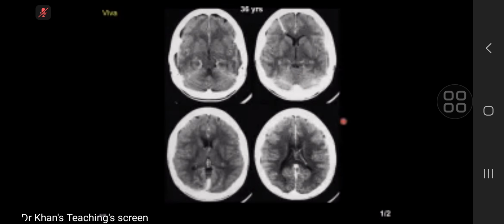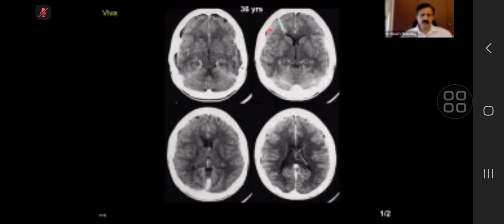Anything else? And then on the top images, in the right cerebral hemisphere, I see something. So what is this?